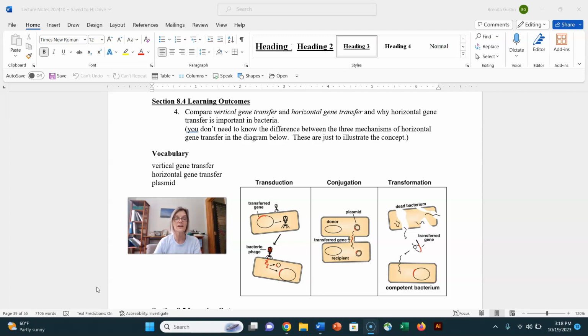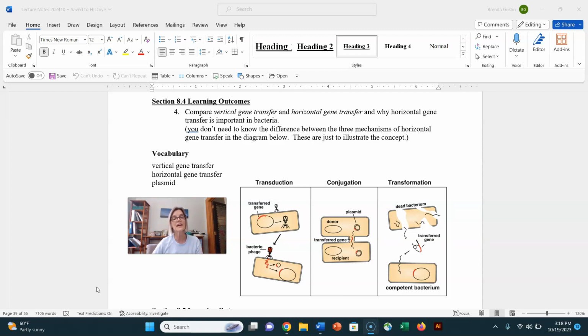Horizontal gene transfer is something quite different. At one point, I would say it was unique to bacteria, but there's some evidence that some other cells do this too, but certainly not to the extent that it happens in bacteria. What that is, is transferring genes between individuals of the same generation. And it doesn't even have to be individuals of the same species.